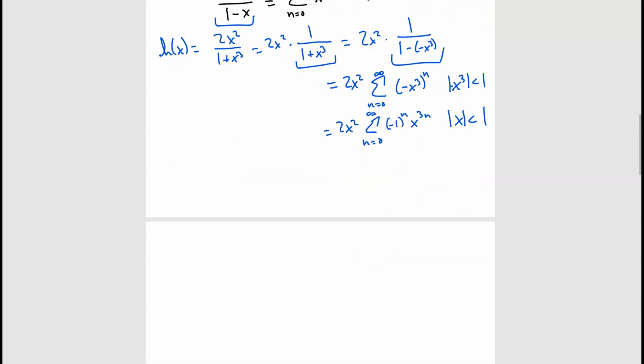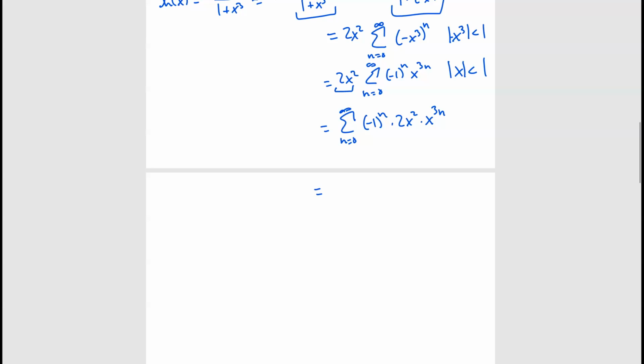So now what I can do is take this thing and put it inside. So I'm going to have the sum from n goes from 0 to infinity of negative 1 to the n power times 2x squared times x to the 3n.